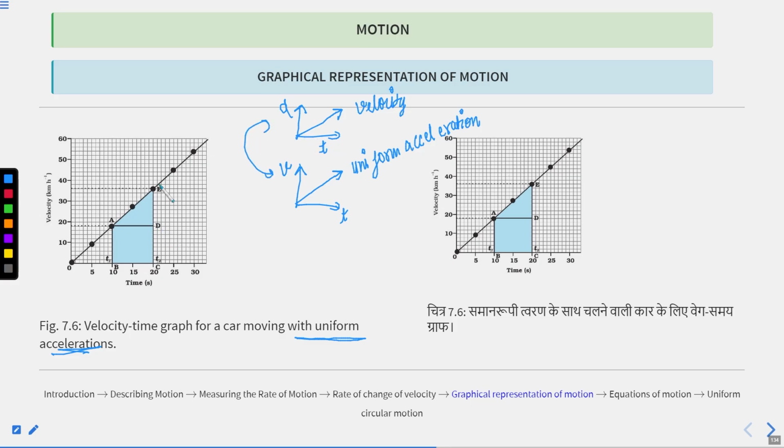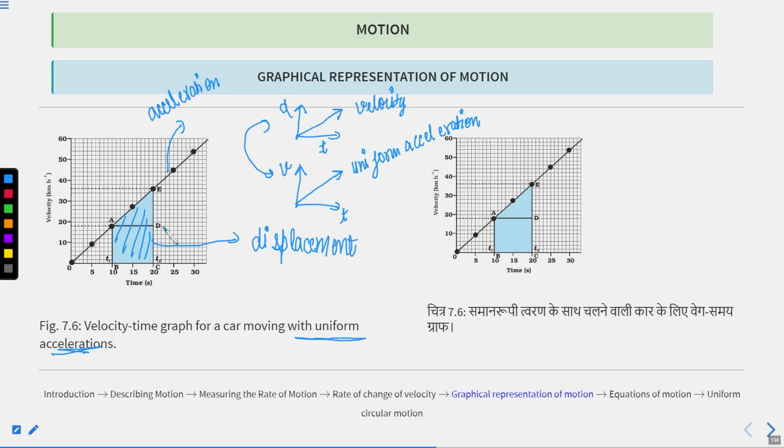And this area, the area between A and E, between the time interval 10 to 20 seconds, what will this area give you? This area will give you displacement. And this slope will give you acceleration.